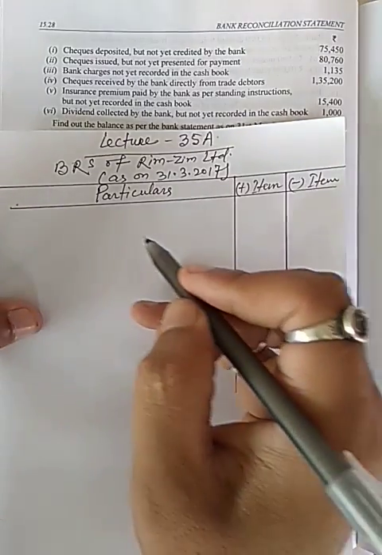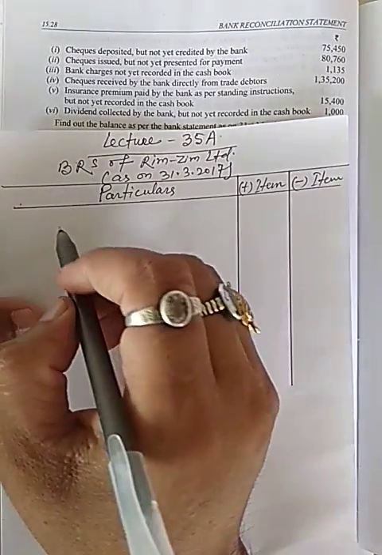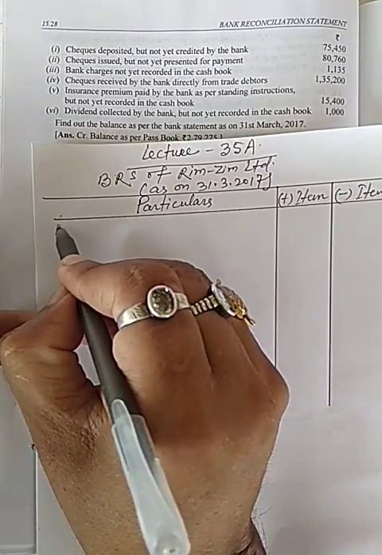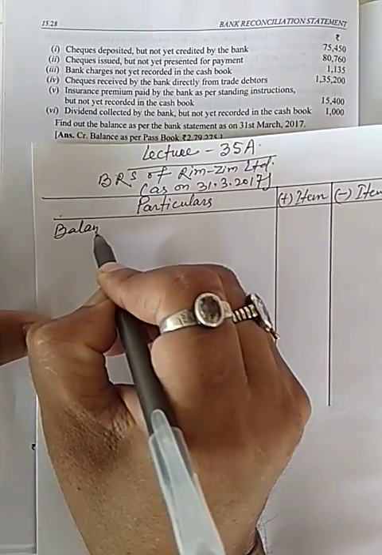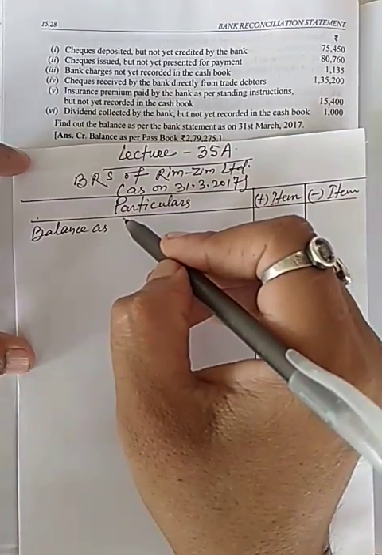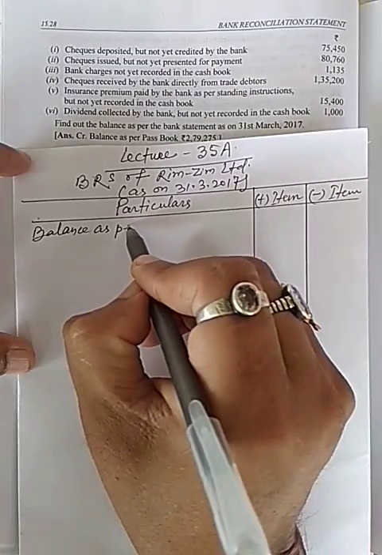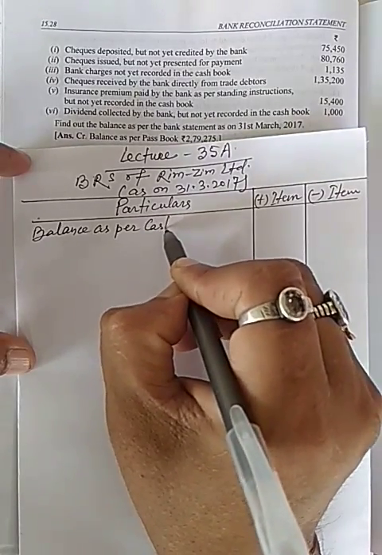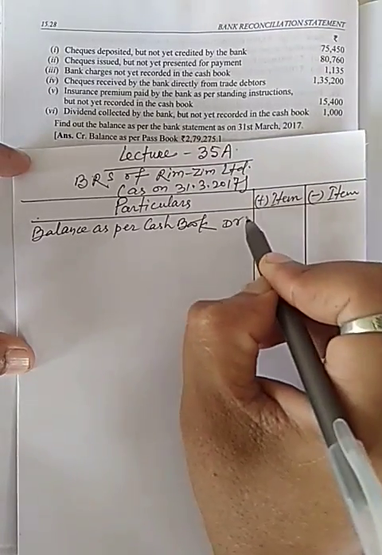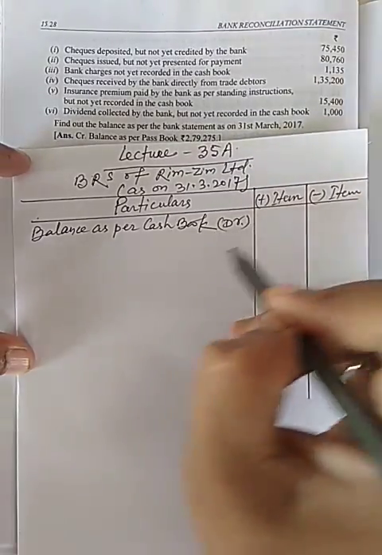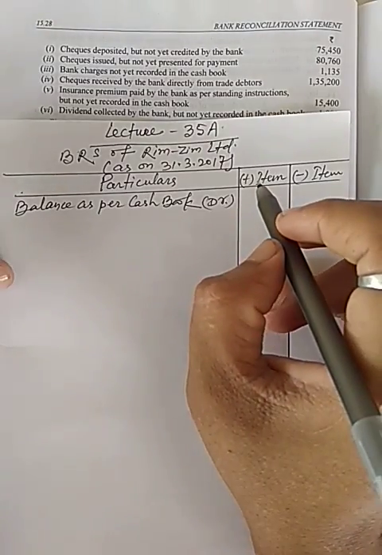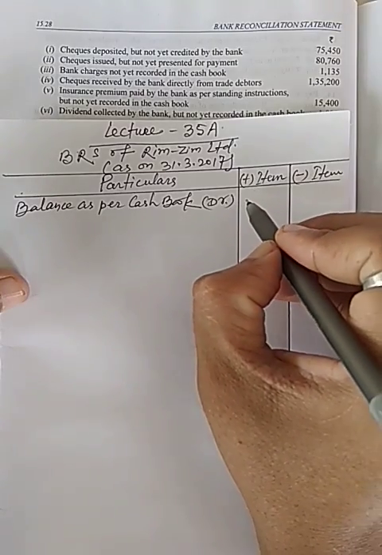Now we have to put the balance. First is the given balance as per cash book. This is a favorable balance and also called DR balance, and the amount given is 1,54,200.